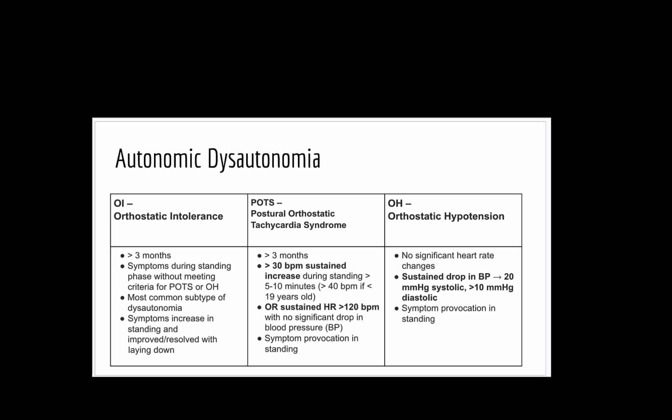Often we get symptoms from a drop in blood pressure. They may report dizziness or lightheadedness, fogginess, lots of those key words. You don't typically see much change in heart rate, but you will see a significant drop in their overall blood pressure. So that's one common presentation that someone with PCS could present with.